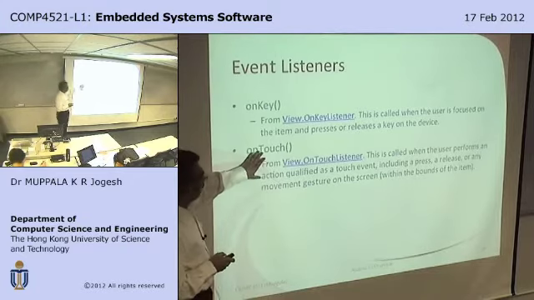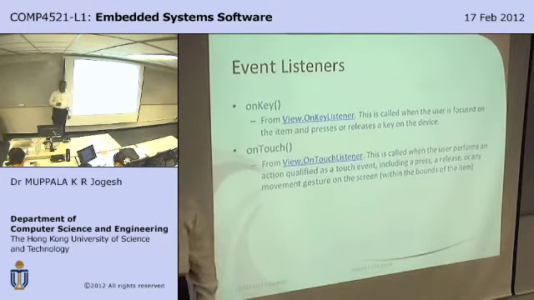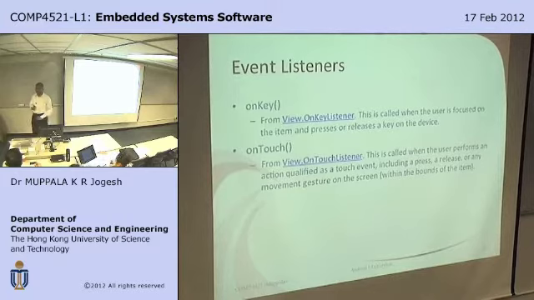If you have touch screen, you could even implement an on-touch listener. An on-touch listener will be invoked when you touch the item. Now you say, what's the difference between on-touch and on-click? On-click can work to handle things even if you don't have a touch screen.